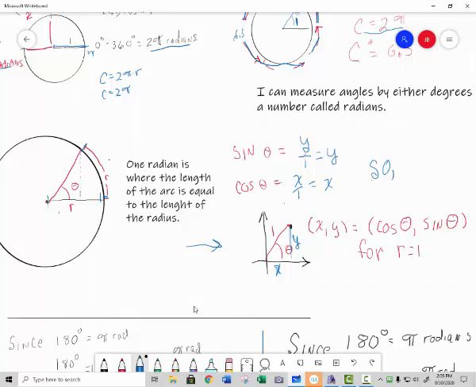And I want to know what this value of x is. Well, I know that the sine of theta is y over 1. Opposite over hypotenuse. I know that the cosine of theta is adjacent over hypotenuse, so it would be x over 1. So, the sine of theta is y, and the cosine of theta is x.